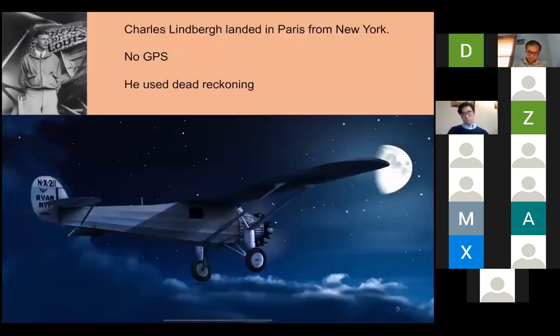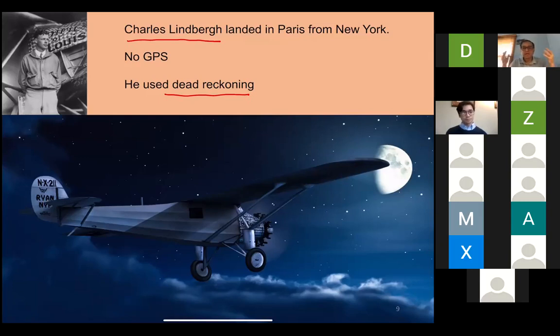Yet pilot Charles Lindbergh landed in Paris from New York on his plane without any GPS and used dead reckoning. He looked at the measurements of his plane and from that figured out, like a blindfolded person, the right trajectory from New York to Paris.